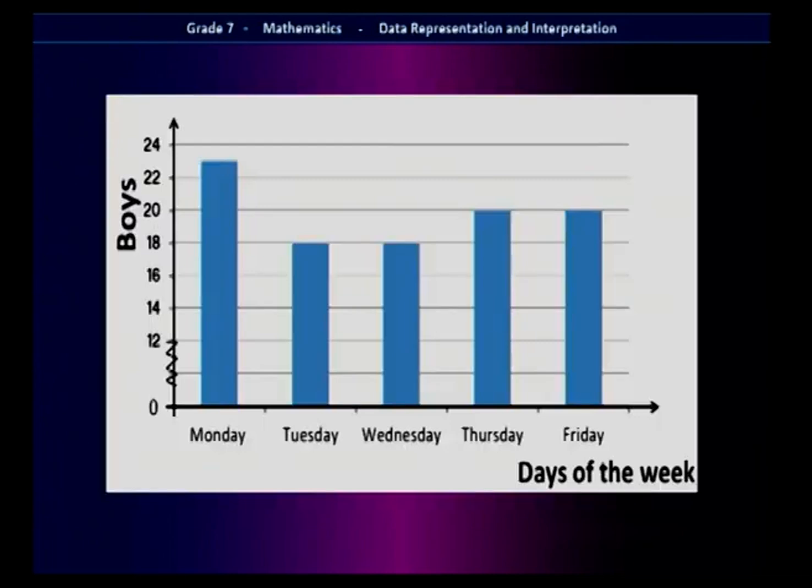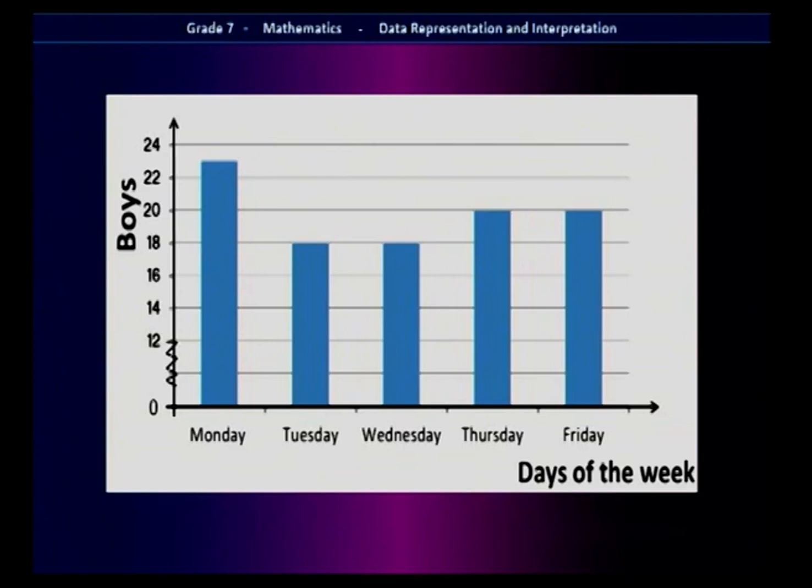Here for boys, the days of the week are represented by the horizontal axis and boys by the vertical axis. Then by shrinking, I hide the values between 0 and 12. And after 12, we can mark them 2 by 2.